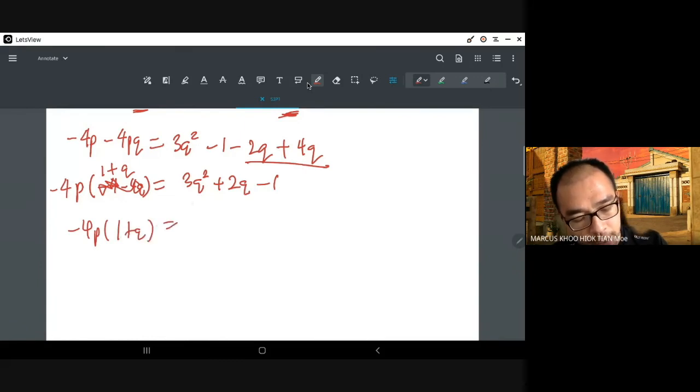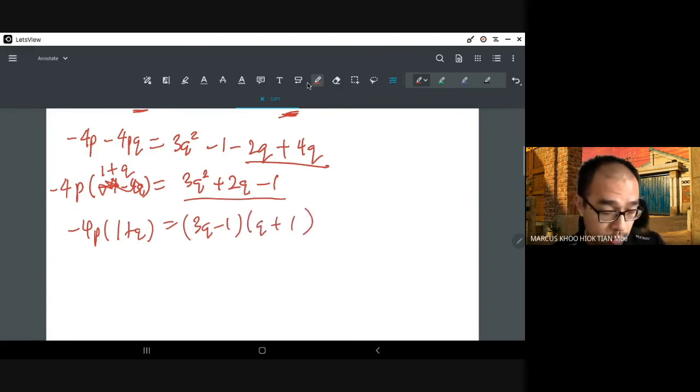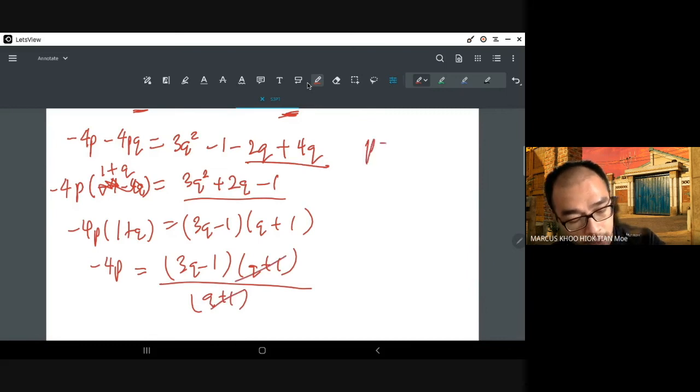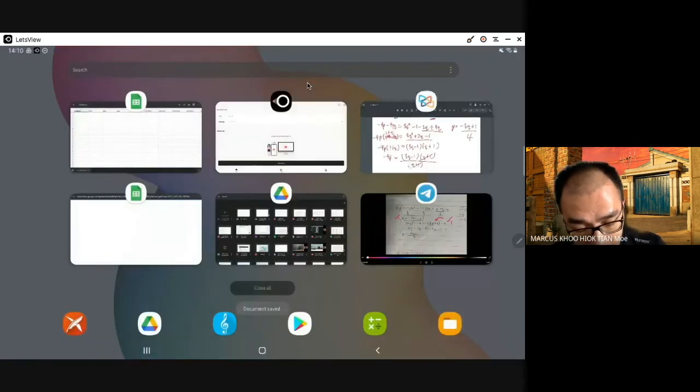If I factorize this, I will get 3q minus 1, q plus 1. So 3q minus 1, q plus 1 over q plus 1, so this will cancel. So you get p equals negative 3q plus 1 over 4.